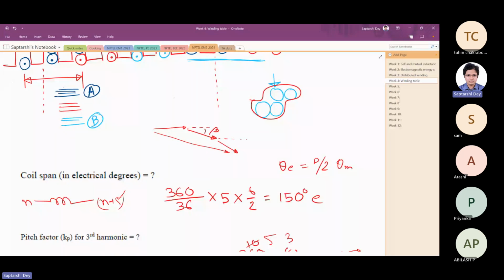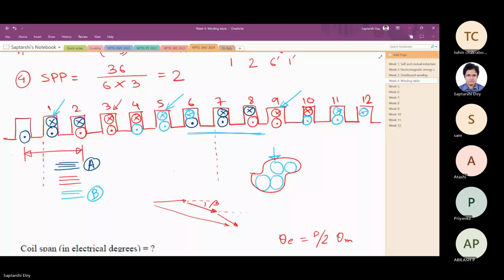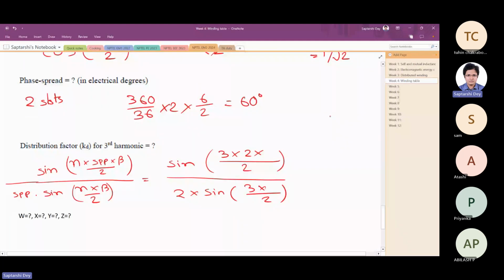So here is one coil of a phase, here is another coil of a phase. How much is the phase shift between them? Phase shift is 1 slot. 1 slot means 360 by 36, in electrical degrees, this much, 30. So beta is 30 degree.